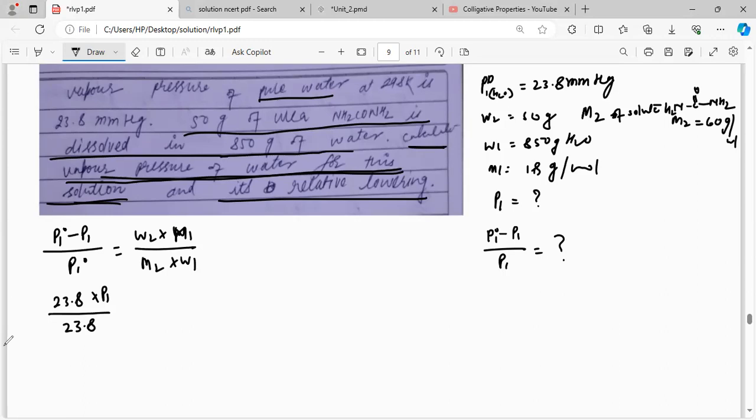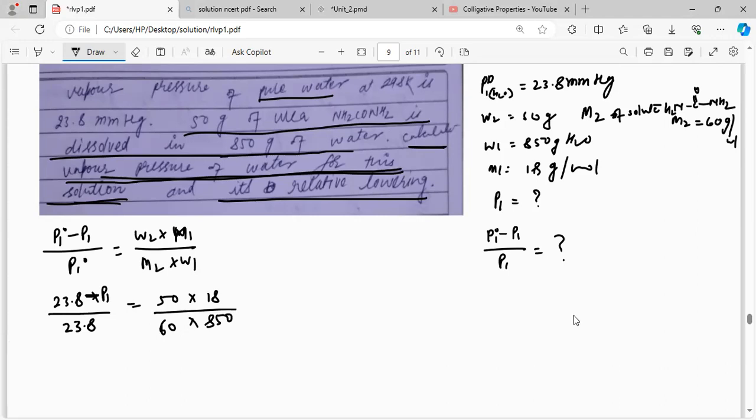W2 is 50 gram, M1 is 18 gram, divided by M2 60 gram, W1 is 850 gram. Now solve this one.